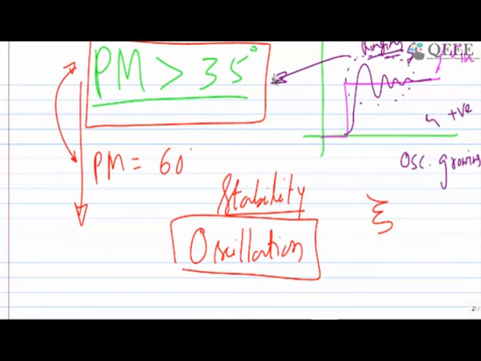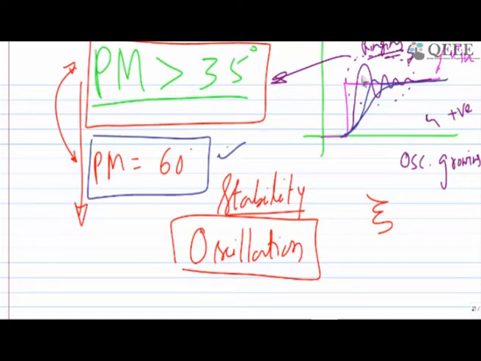So if you design something, you will find that control engineers expect you to design a system which looks like this one, or maybe this one. More desirable is that there is no ringing. When there is no ringing, the phase margin is approximately 60 degrees. This I am telling you from experience.